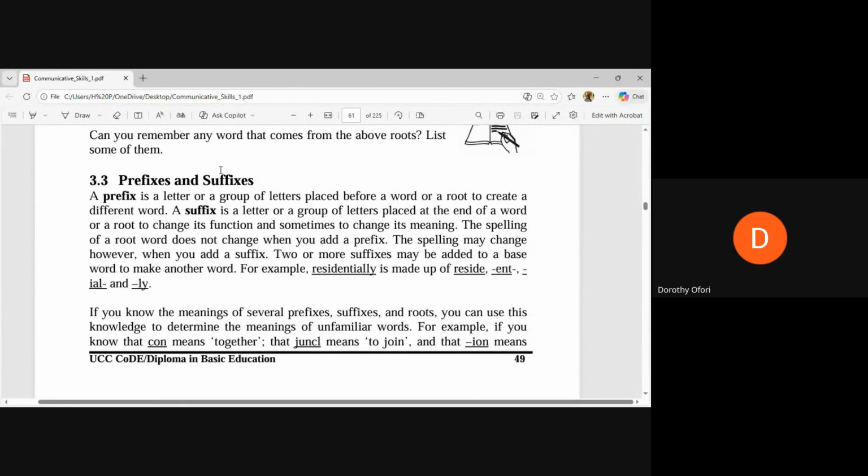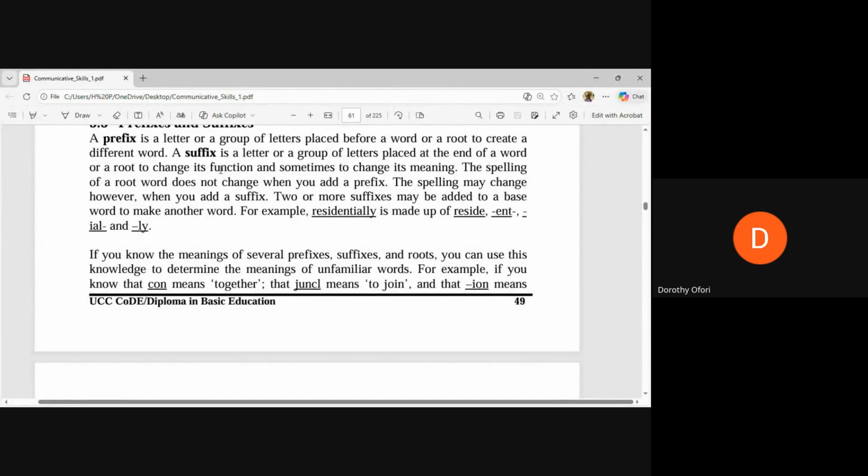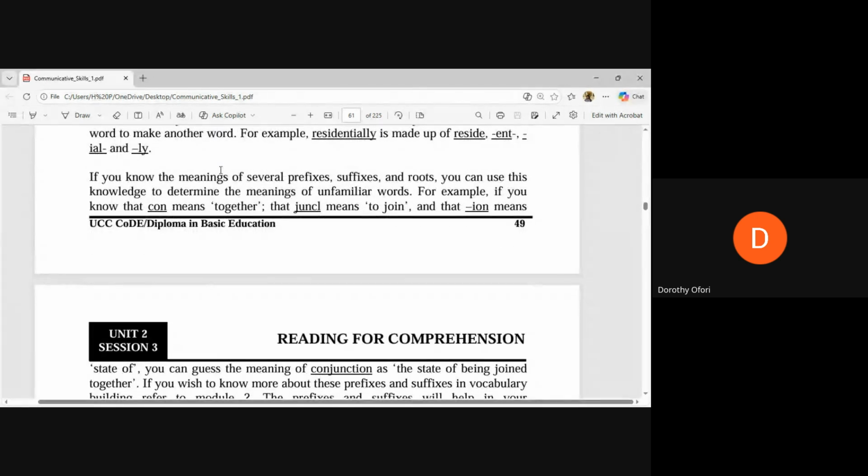We already know prefix and suffixes are under affix, where we are looking at parts of a word. They are added to words in order to gain more understanding. For prefix, pre means before, so it comes before the word, and then suffix comes after the word. So you can understand something by looking at the prefix and the suffix.